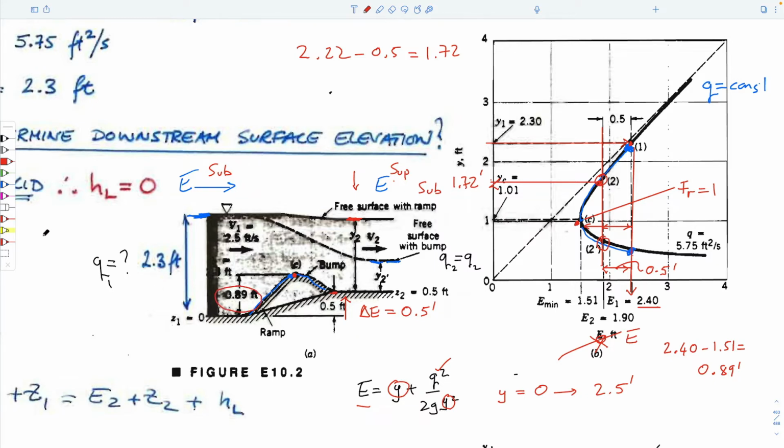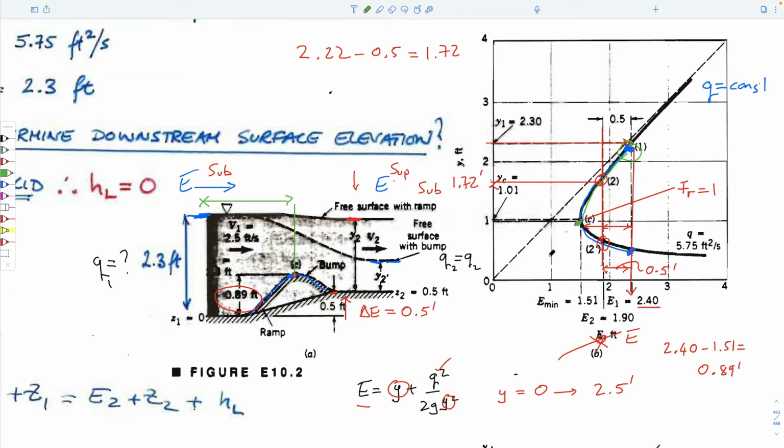And if you do have it at 0.89 feet, then you get to start off here upstream at this point here. You get to be flowing downstream through to this point here, which is directly above the bump. And so you'll go down the specific energy curve exactly to this point here.